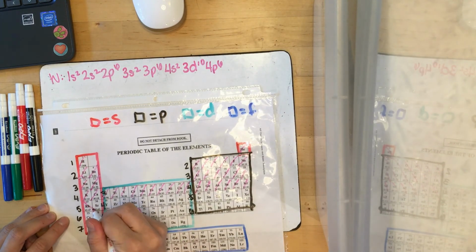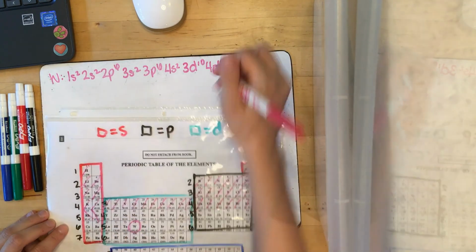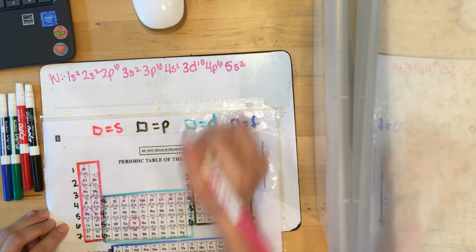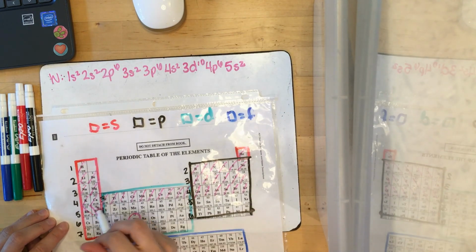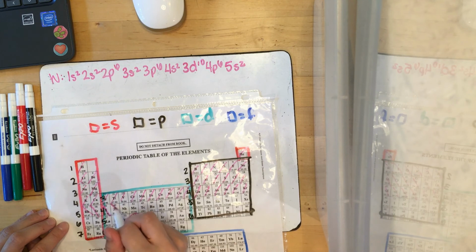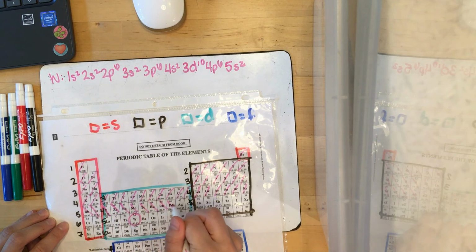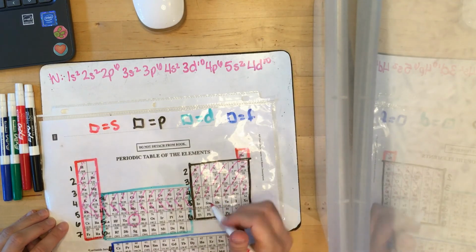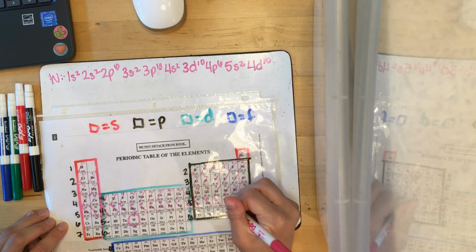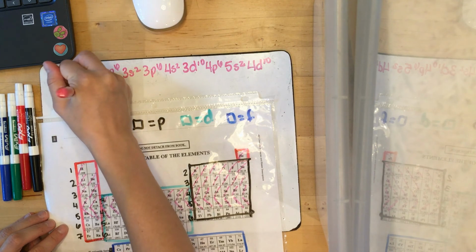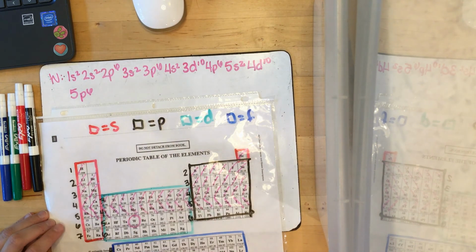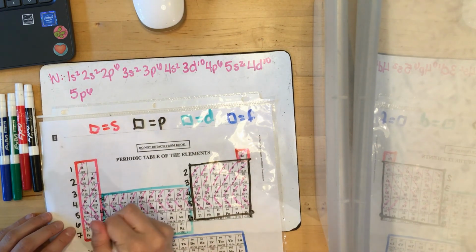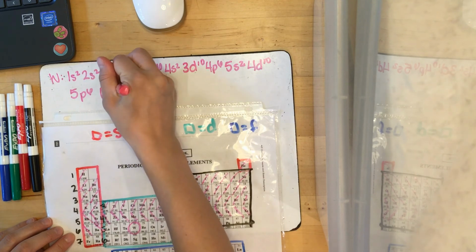Then we come down to 5s2. We're back to d again, so it's 4d10. Then we're at 5p6. And then we get to 6s2.